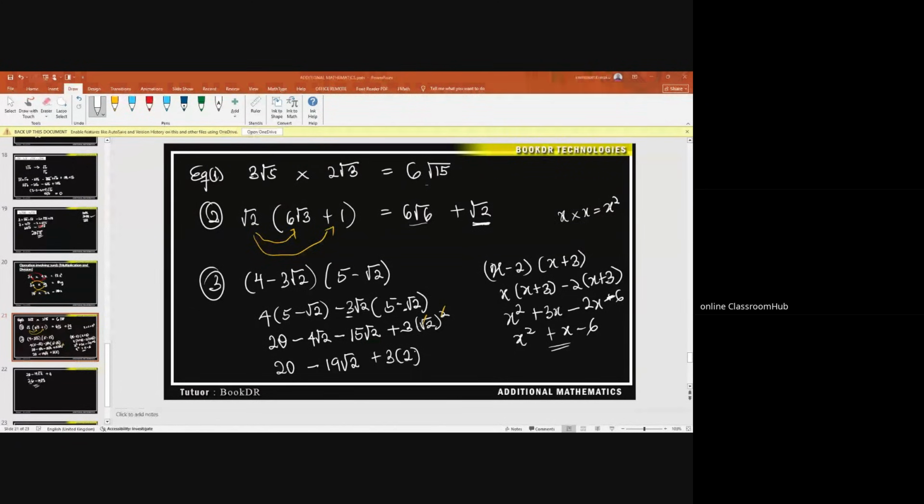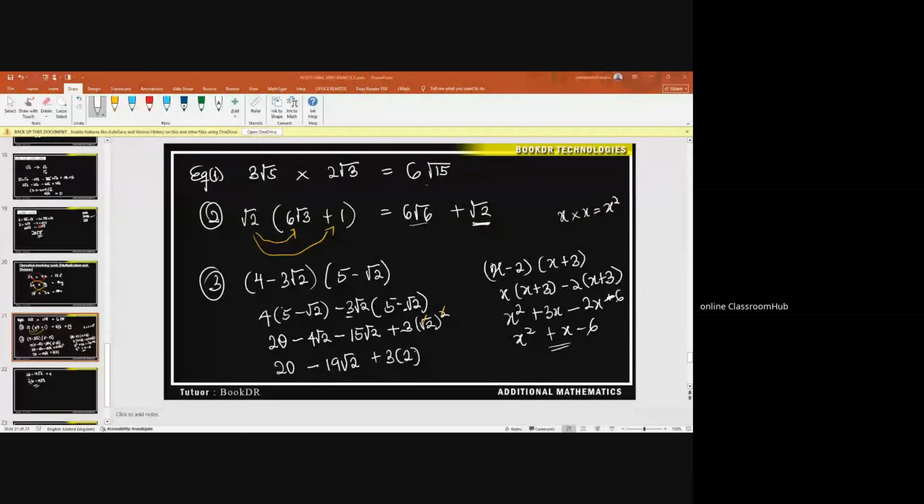When we come here, the numbers attached to the roots, we have negative 3 and negative 1. So the numbers will multiply, you get positive 3. Then the roots will also multiply. So root 2 times root 2 will give us root 2 squared. Or otherwise, if it was x times x, you get x squared.